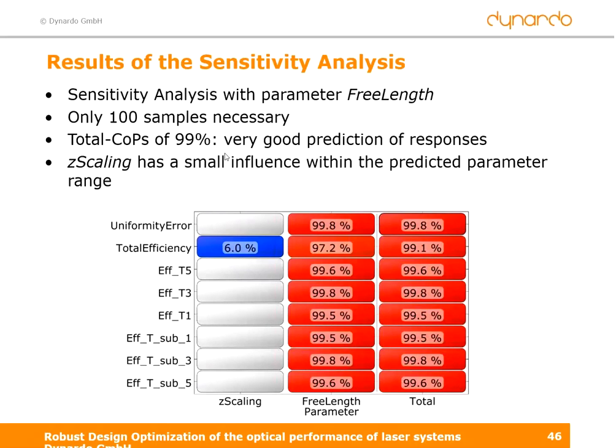And we can also say that the set scaling has only a small influence in general on all these responses. These are actually the efficiencies for each transmission. And yes, we see that set scaling has a small influence on this.